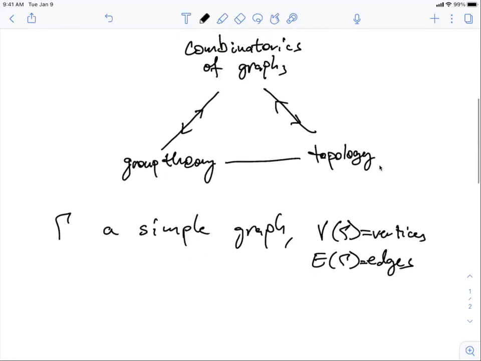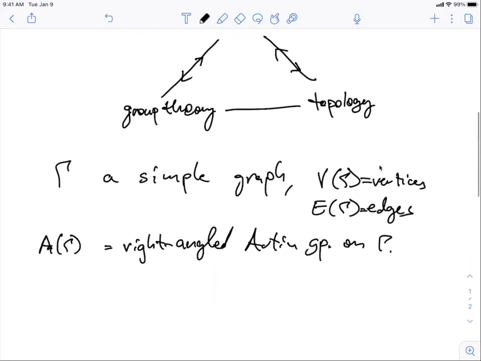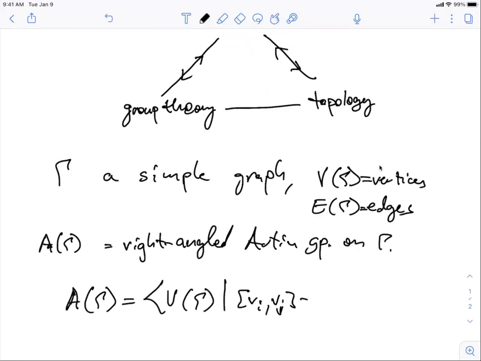On the group theory side of the triangle, we'll have A of gamma be the right-angled Artin group of gamma. I suspect that most people in the audience know what this is. I'll give a very quick definition in case someone doesn't. A of gamma is generated by the vertices, and two vertices commute if and only if they span an edge.